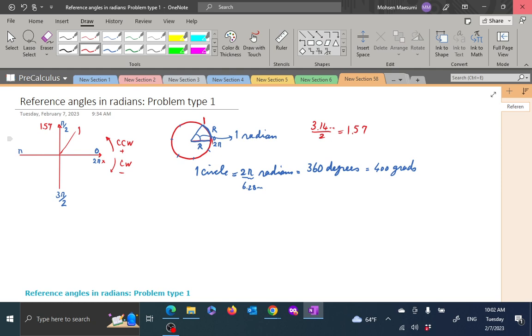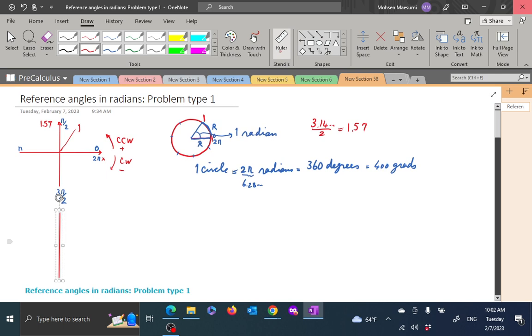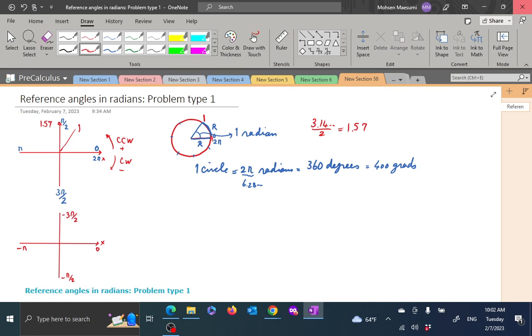Well, what else? We could go, of course, in the negative direction. So that's going to be another issue that should be in front of our view. Here's the x-axis, start here at 0, and minus pi over 2, minus pi, and minus 3 pi over 2, and by the time we make it back here it is minus 2 pi.